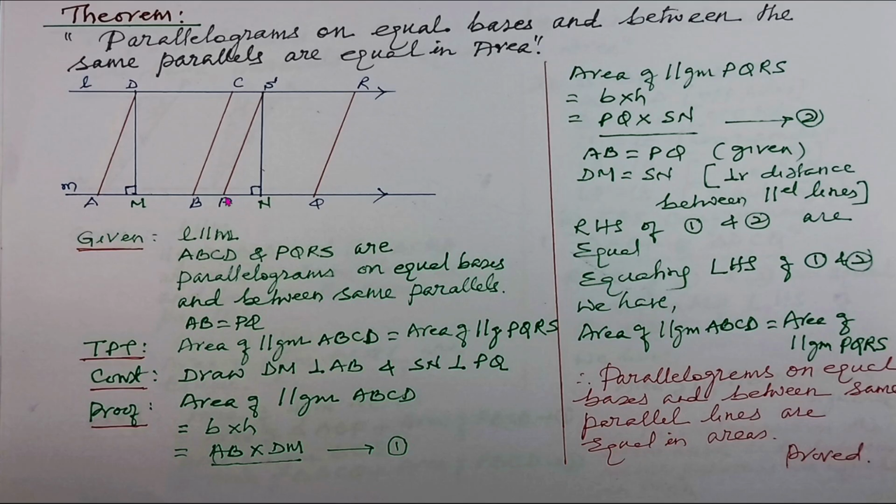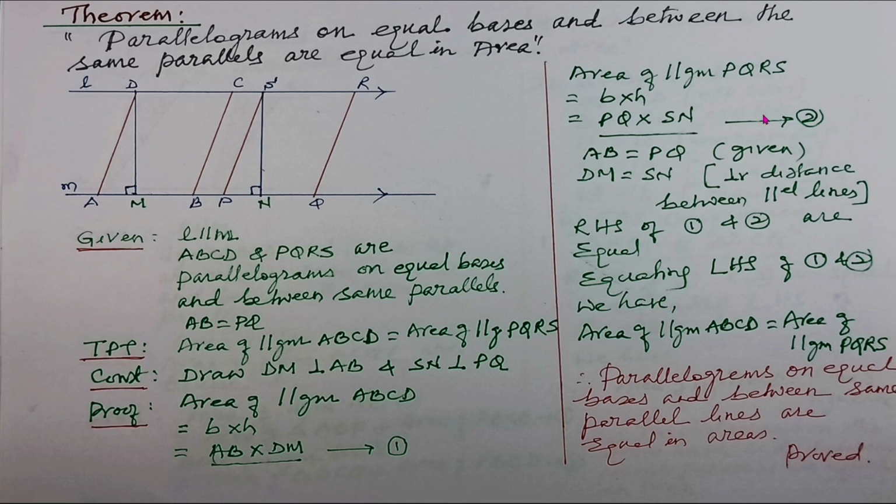So also the area of the parallelogram PQRS is equal to the base of the parallelogram, PQ, into SN. So therefore we have area of parallelogram ABCD is equal to AB into DM, and area of parallelogram PQRS is equal to PQ into SN. But we know that AB is equal to PQ, which is given to us, and DM is equal to SN because they are the perpendicular distance between the same two parallel lines.